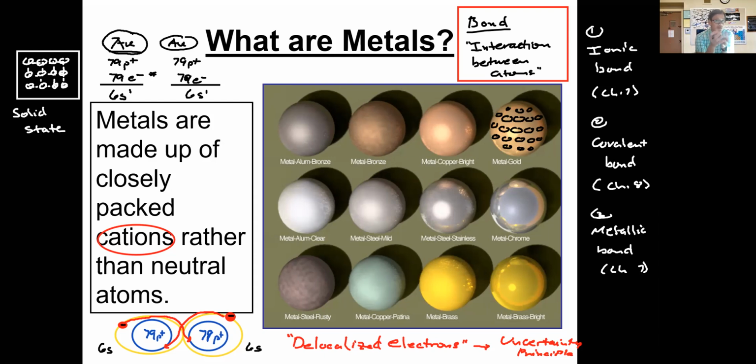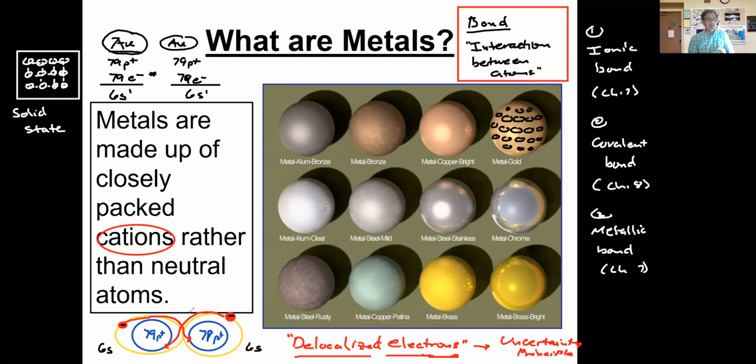We can say generally where it's located. We can talk about its energetics, okay, but we can't be certain about its actual location because they're too small and they move at a rate that is close to the speed of light. And so this idea of delocalized electrons for metallic bonding fits in very well with the uncertainty principle that Heisenberg proposed. Okay? And so that's what we have right there.